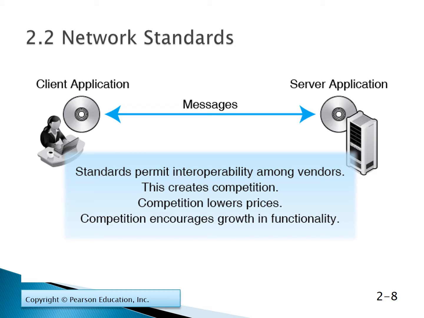If you study economics, you know when you have competition, the price will be lower, and it also encourages growth in functionalities. Right? You either compete with price or you compete with better quality of your product. So competition has driven up the quality and driven down the price a lot, especially in the early days of the internet.